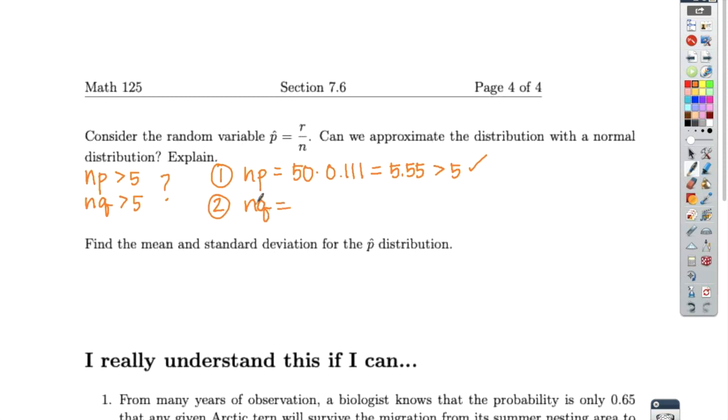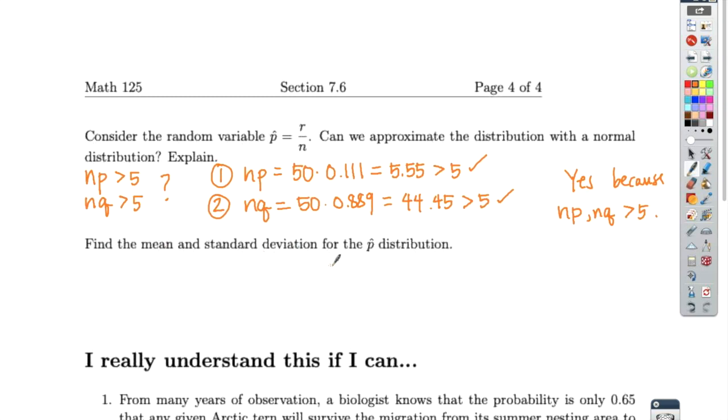So nq, well, n is 50, q is 0.889. And for that, I get 44.45, which is certainly greater than 5. And so we've passed our second test. So can we approximate the distribution with a normal distribution? Yes, because np and nq both are greater than 5.